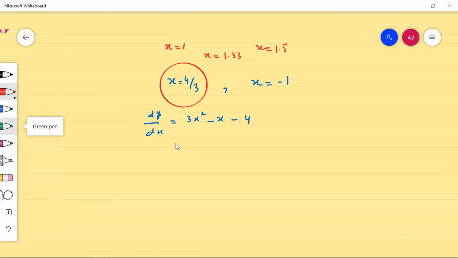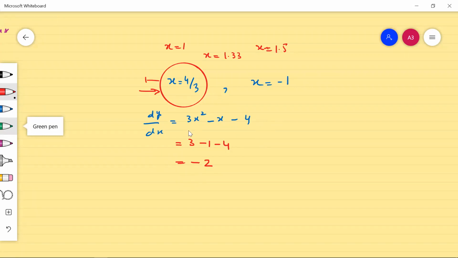We are checking the first point, number 1. Putting 1 in, we get 3 into 1 minus 1 minus 4. So 3 minus 1 would become 2, and 2 minus 4 is minus 2. So this is minus 2.